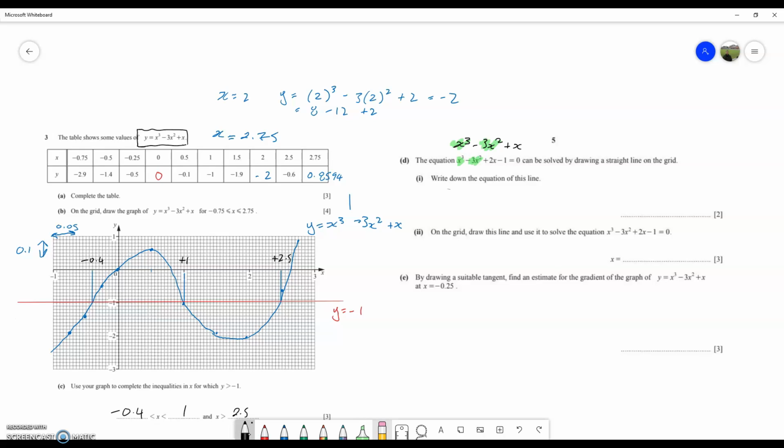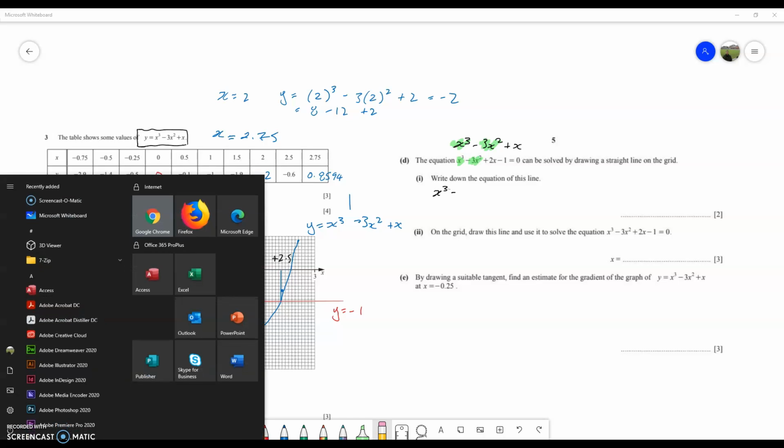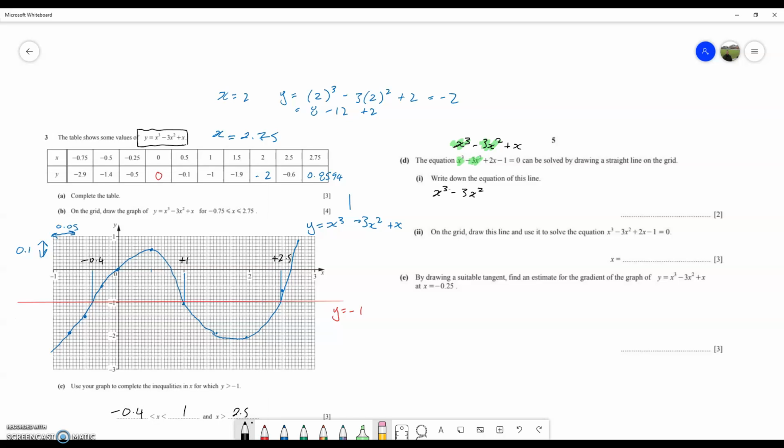So if we think about what we have to do to x to the power of 3 minus 3x squared plus 2x minus 1 to make it just plus x.